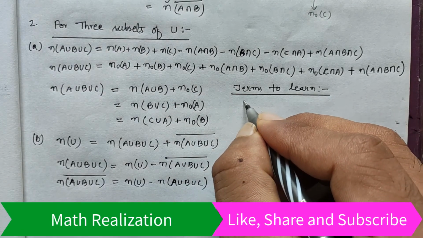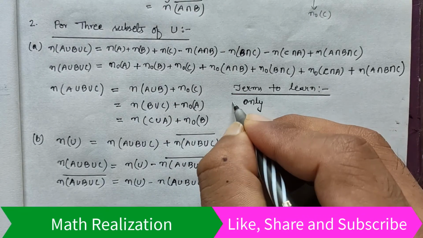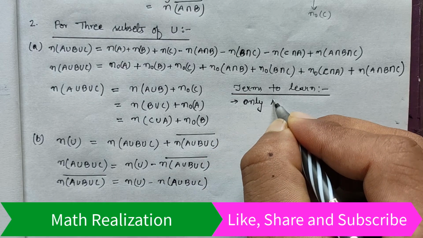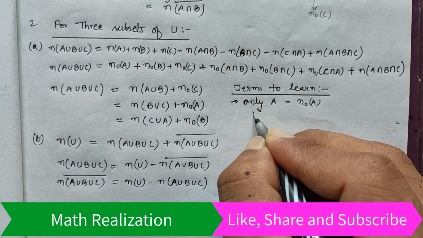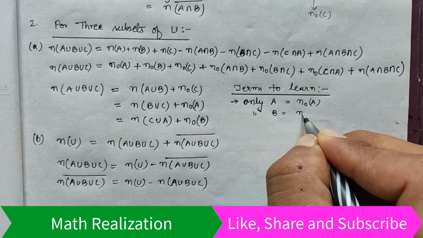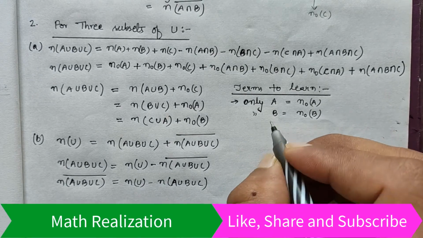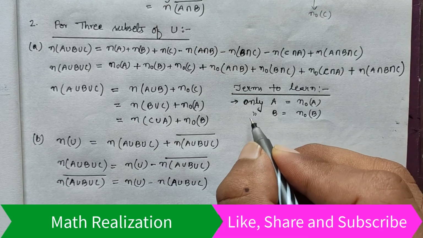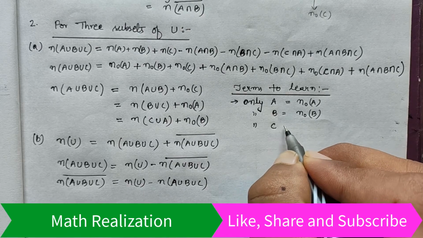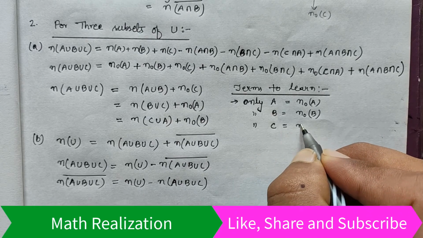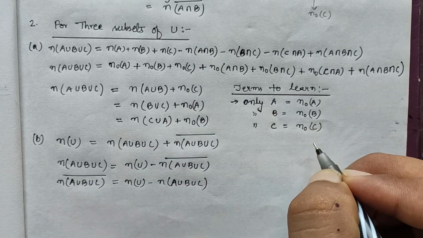So for only A, first one is only A, which we have already seen, it is n(only A). Similarly only B is n(only B), right, like this. If the question says find n(only B), you have to find this n(only B). And only C means n(only C).